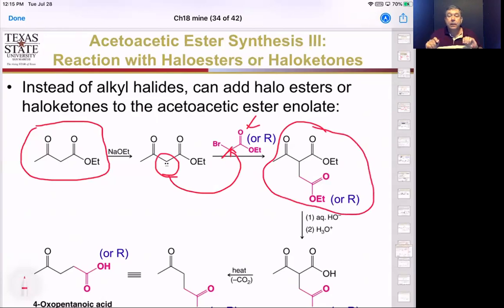Now, here we have a quandary. I have a question in the chat room about these reactions: if you do the hydrolysis of the compound and add heat, you're left with a ketone. In the case of the acetoacetic ester synthesis, yes, you're always left with a ketone if you do the hydrolysis and heat step. So you're going to see something like HCl plus heat.